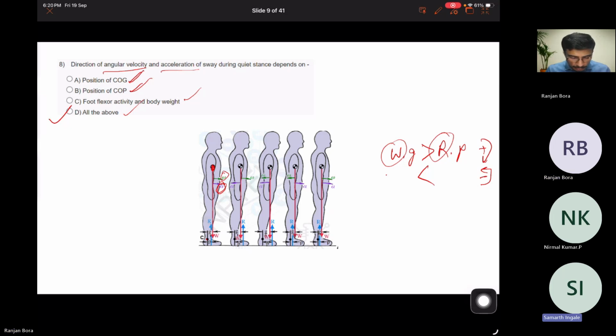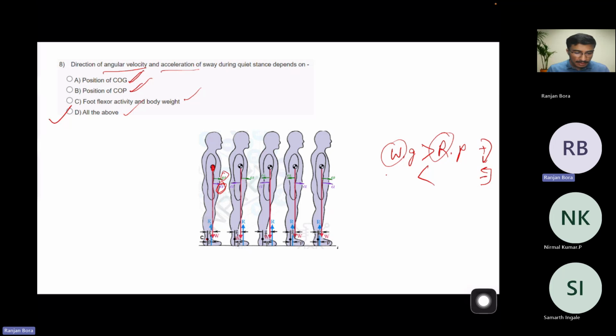Nothing is rotating, right? So why angular velocity? There is no rotating component. Even in quiet stance, consider any position where we are standing on the ground and not doing any kind of motion.